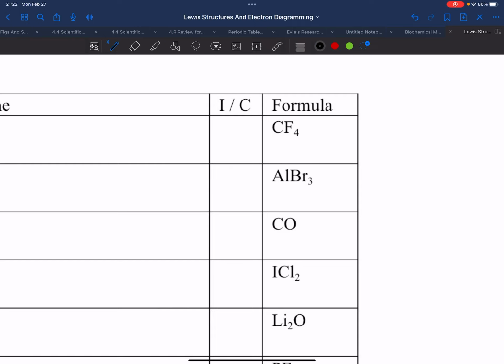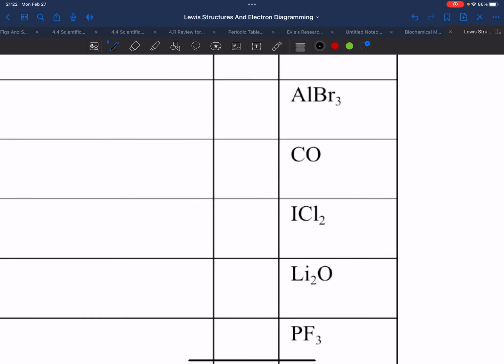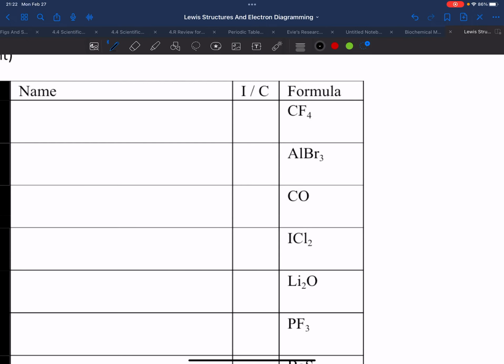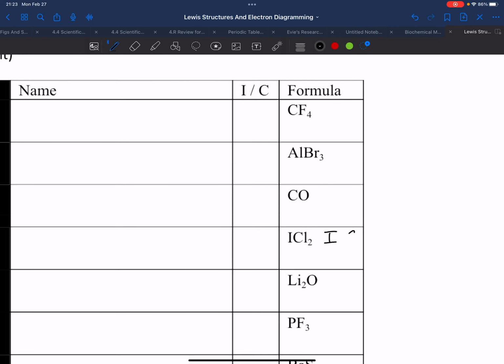Anything that looks like a capital letter I, make sure it's a capital letter I and not a lowercase l. Like here, aluminum, Al. And here, this one's tough. It is ICl2, right? It's not ICI.